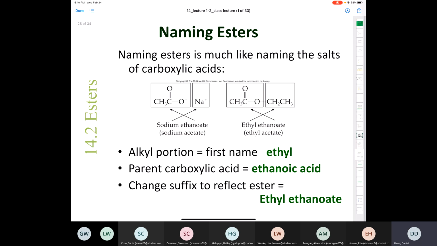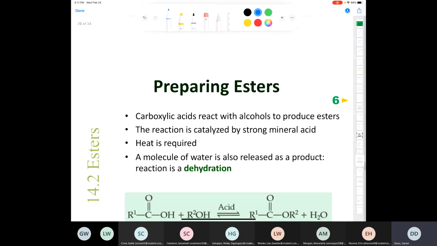You know how when we learned that, we said, okay, let's look at a carboxylic acid salt. First, we started with the cation, sodium. Same thing with an ester. First, you look at the alkyl group. You put that first, right? And then the rest is the same. This would be ethanoate. This would be ethanoate. Doesn't change, okay? So again, if you understand how to name a carboxylic acid salt, naming an ester isn't that much of a stretch.